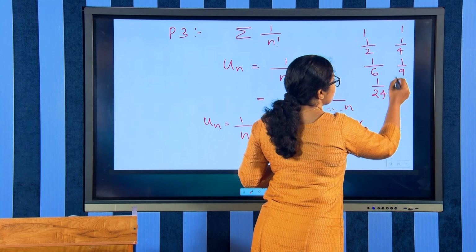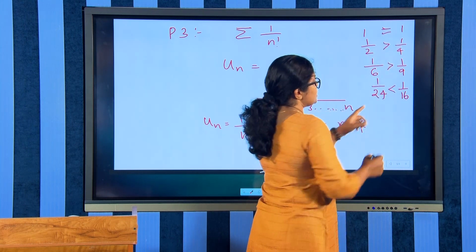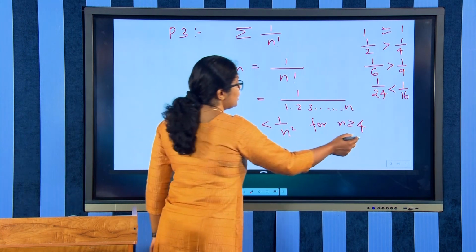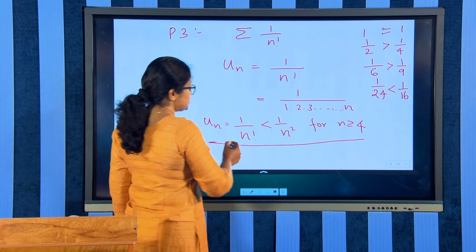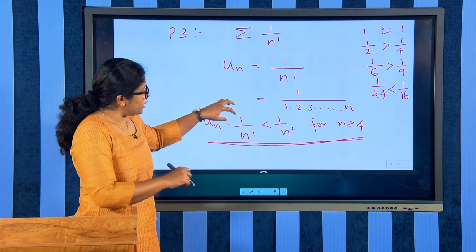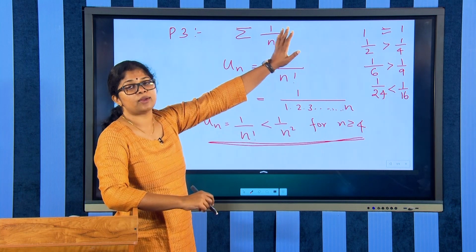So, from this onwards, this happens to be less than. That is why we are writing an expression like this. So, 1 upon n factorial is less than 1 by n square for n greater than or equal to 4.